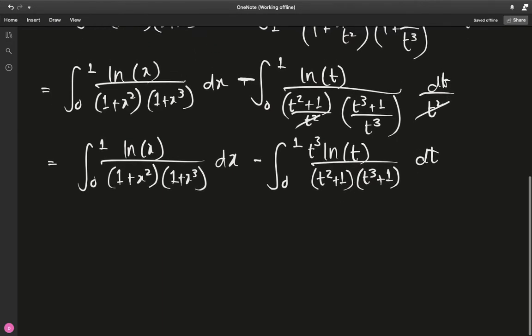And it doesn't matter what variable we have as long as the upper and lower bounds of integration and the integrand itself remain the same. So we can actually change our t into our x directly.